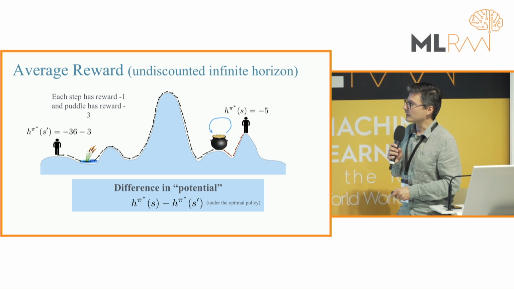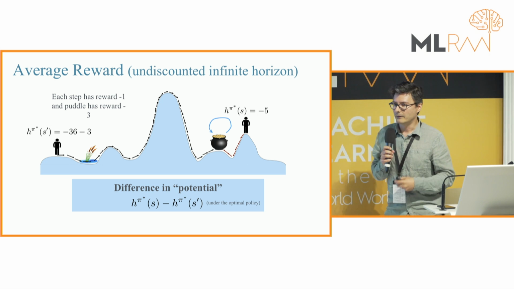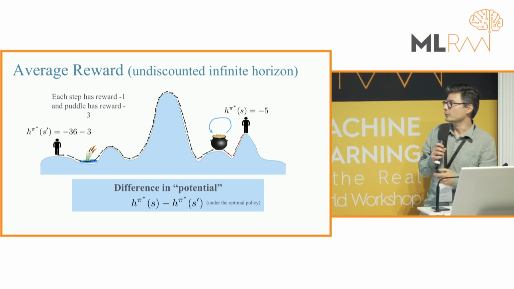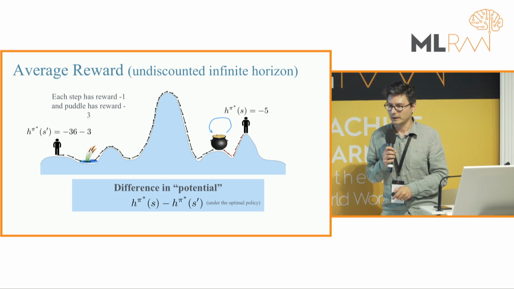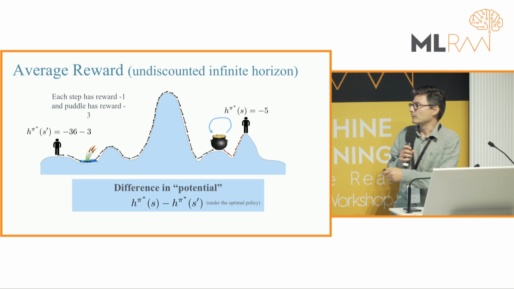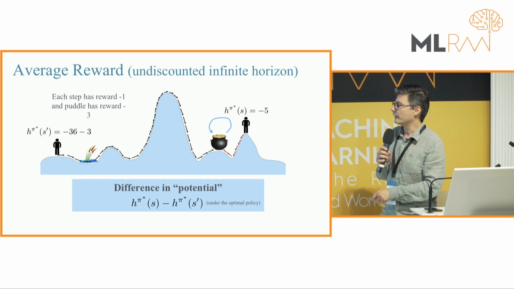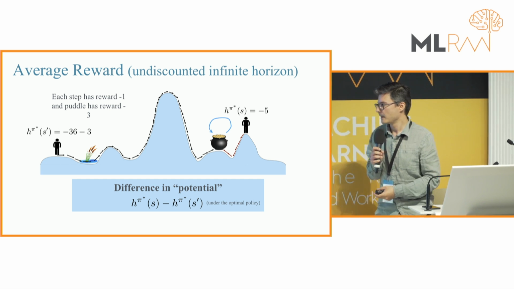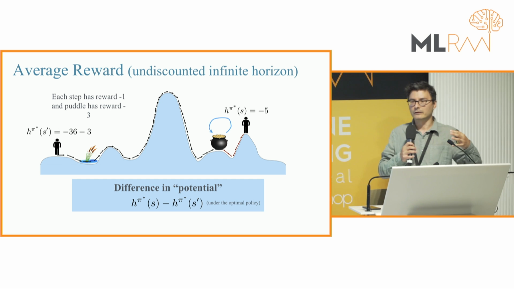And so if I want to compare this state to this state, they have a difference in value, which is the difference between this -5 and the -39 that I can get here. So I can say that in some sense this is a more favorable state than this one when I execute the optimal policy. So we will define this as a sort of difference in potential between 2 different states.